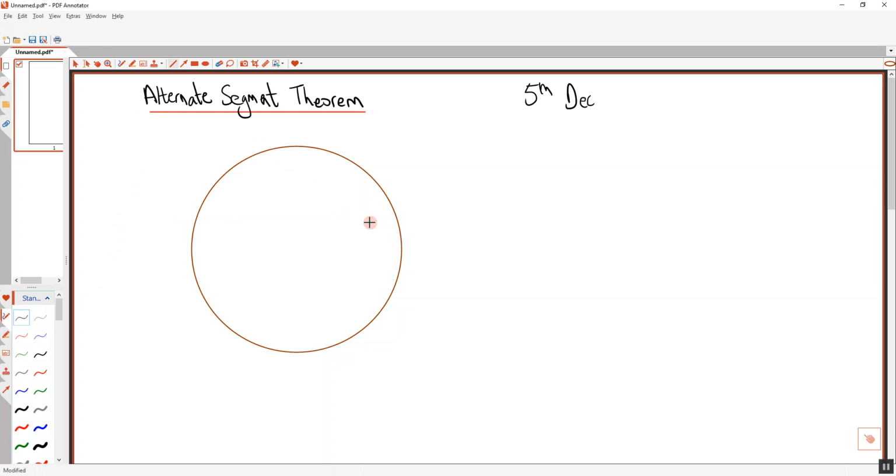And this one says that if we have got a triangle within a circle, no, let me just do that again.